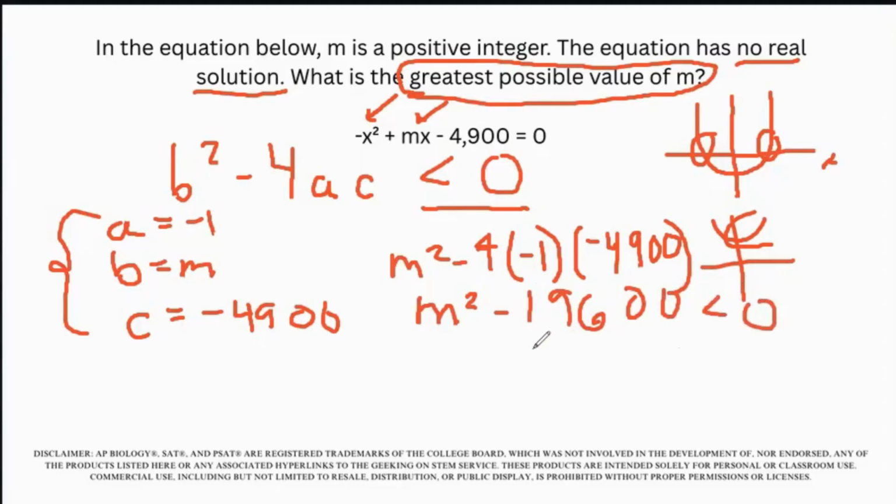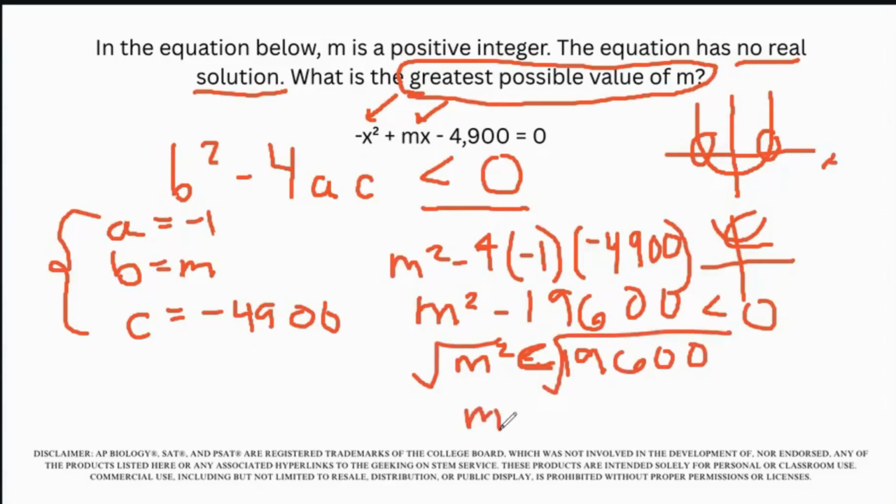I have to bring this over to the other side, so I get m squared, well, remember it's less than, not equals, less than 19,600. I take the square root of both sides, and I get m is less than 140.